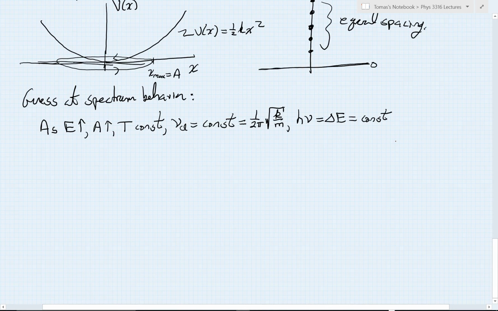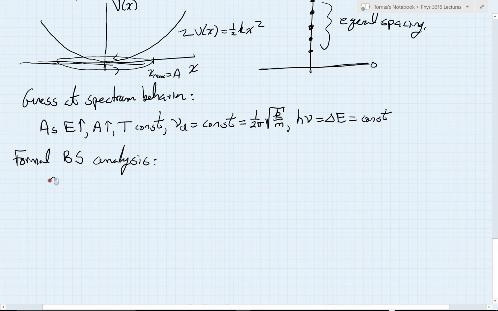To carry out the formal Bohr Sommerfeld analysis, you will recall, because now we're in a 1D system, it's a new type of system, we have to go back to the original basic definition.